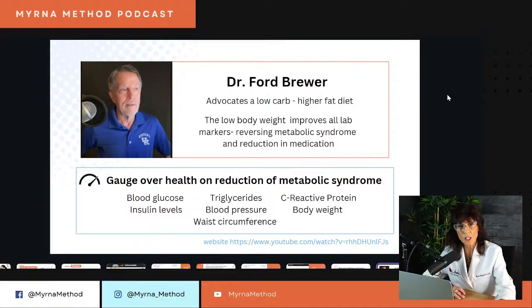And triglycerides can be very problematic, and they're so tied to the association with insulin resistance because, once again, they have to do with excess fats, excess food, excess weight, also blood pressure, waist circumference, C-reactive protein, which is just an inflammatory marker, body weight.